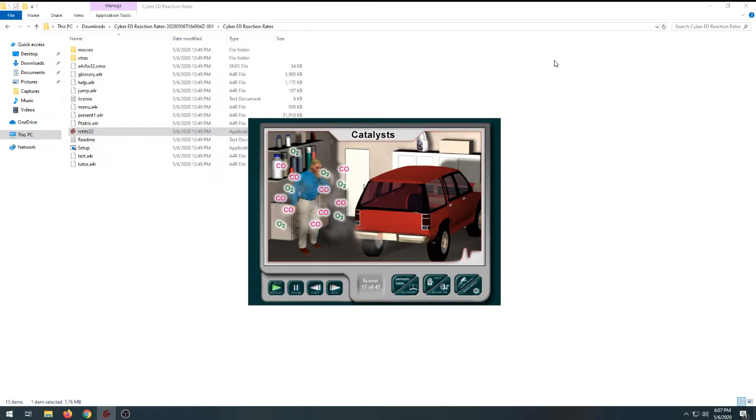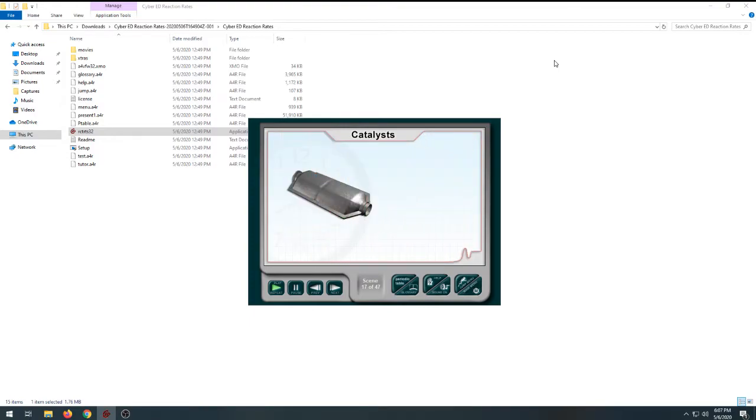At the beginning of the program, you learned that carbon monoxide from car exhaust reacts slowly with atmospheric oxygen. Inside a car's catalytic converter, the temperature and concentration of reactants are similar to the rest of the exhaust system. Yet the reaction takes place much more quickly in the catalytic converter. This is because in the catalytic converter, metals, such as platinum and palladium, act as catalysts.